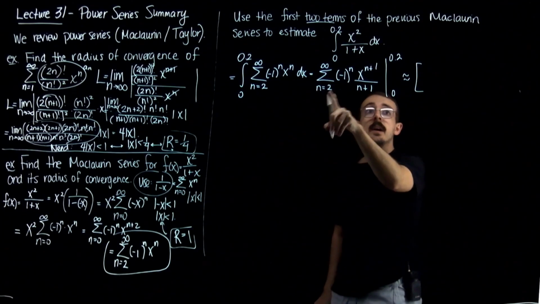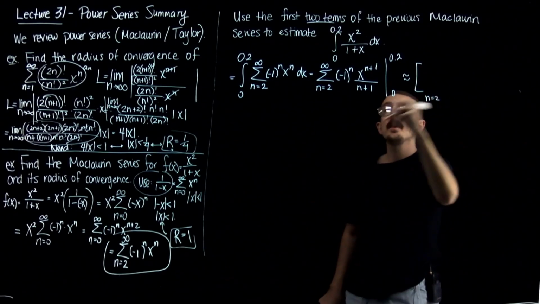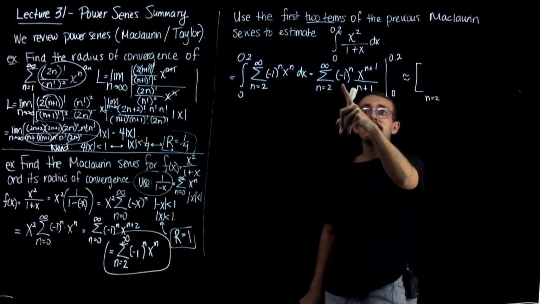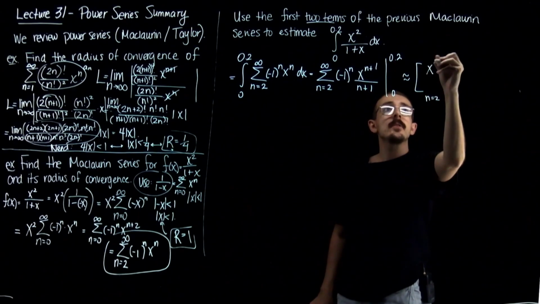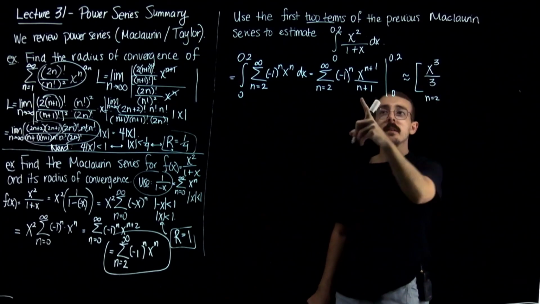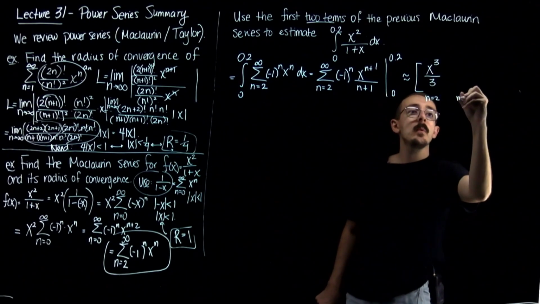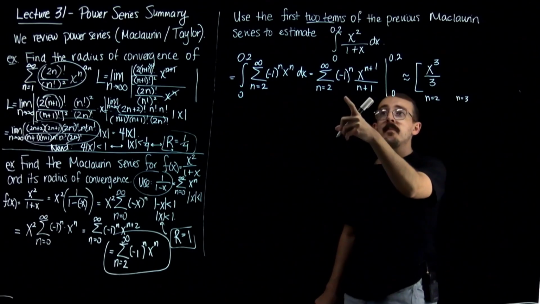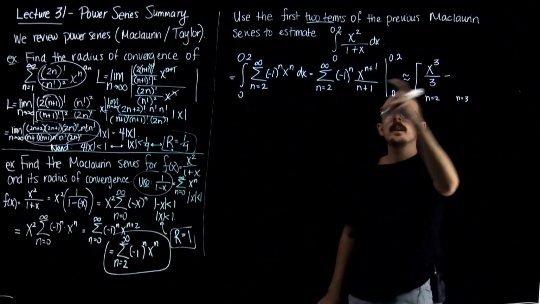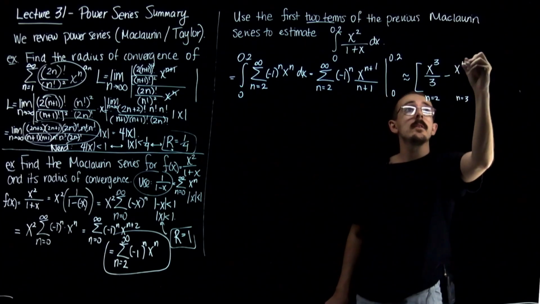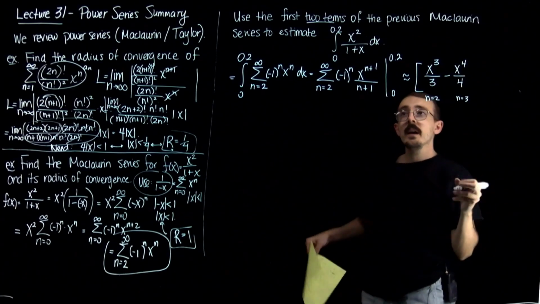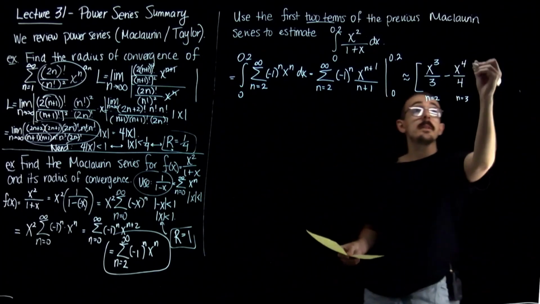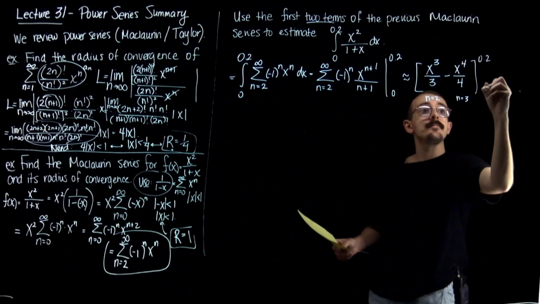If you plug in n equals 2, we get a positive 1, x to the third over 3. And I'm going to do one more term. If I plug in 3, I get a negative, x to the 4 over 4. And I'm going to stop there because that's where they want me to stop.